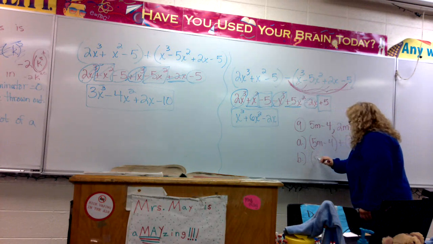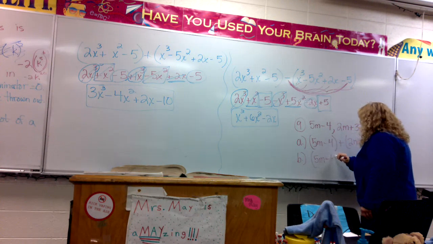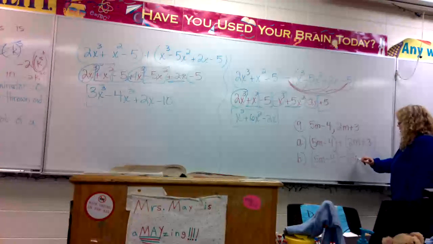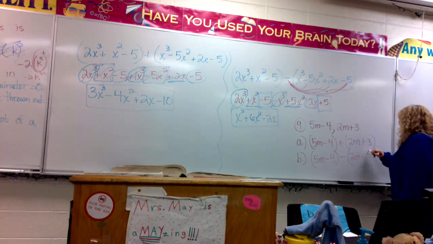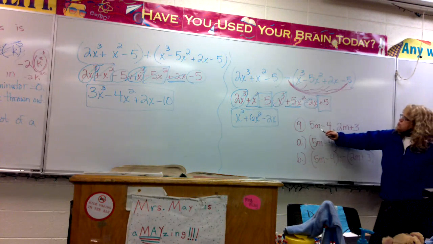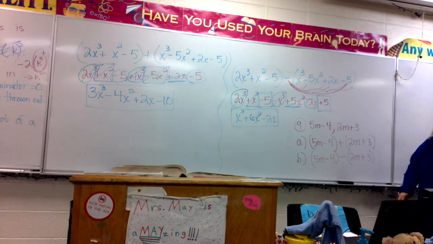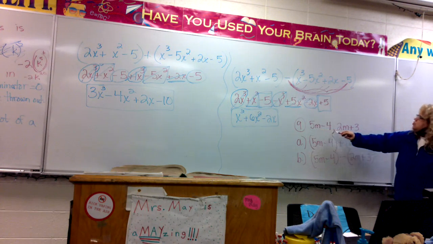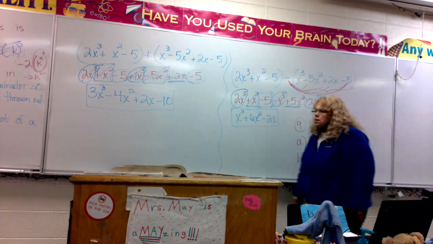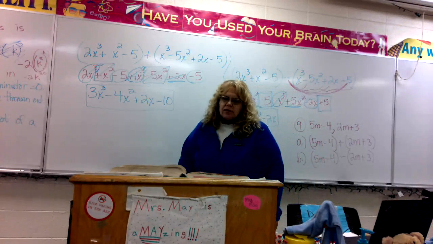So you're going to do the first thing minus the second thing. All right? So for all of those in that group, 9 through whatever, part A, you do this one plus this one. Part B, you're going to do this one, take away the second one. Does that make sense? Perfect sense?